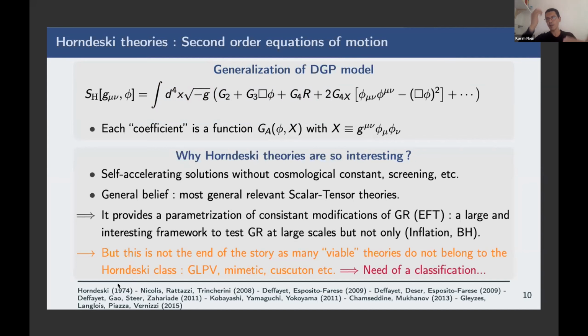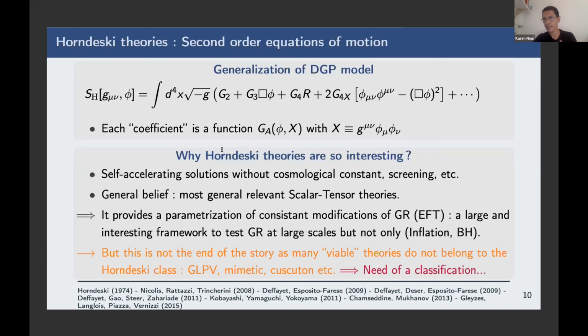But then it was rediscovered by these people here and many other people in France and in Japan, where they showed that it is indeed possible to have the full higher order scalar tensor theories that produce second order equations of motion. And these are now known under the name of Horndeski theories.